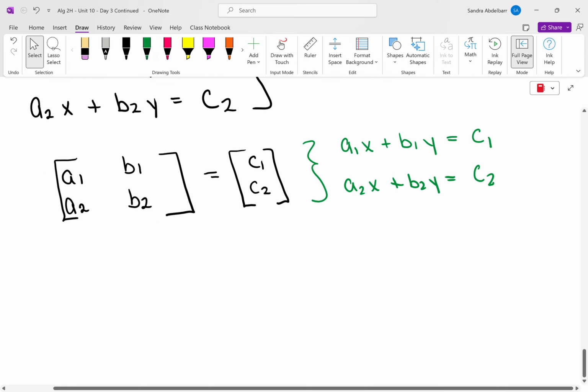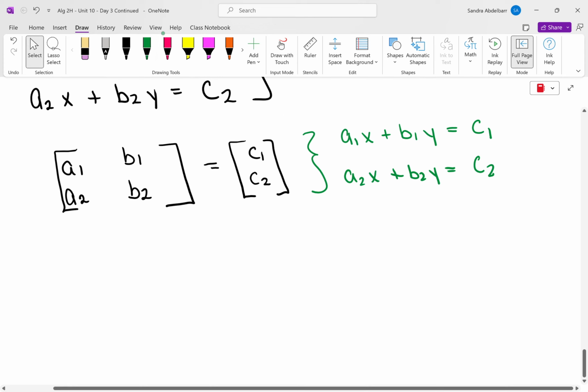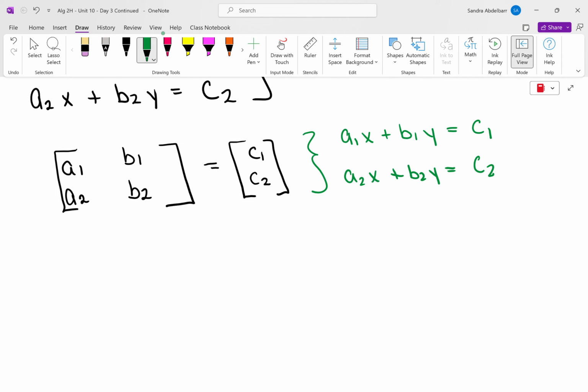All right, so how would we use this to solve a system? Oh, sorry, I needed my x's here, so A2x, B2y. We needed our x's, y's there.